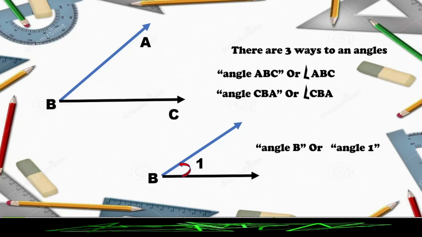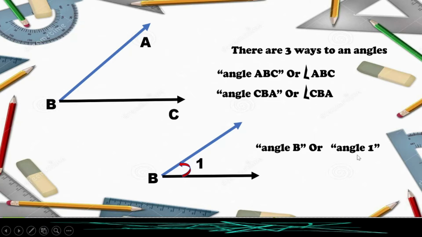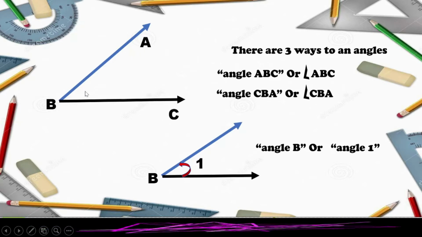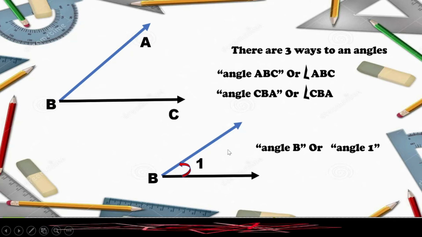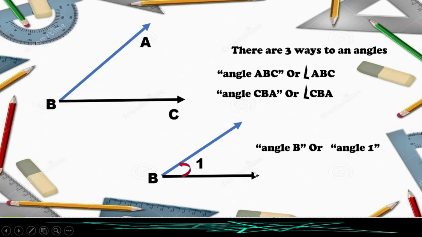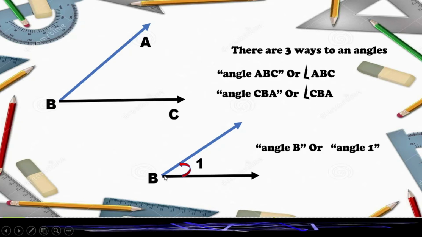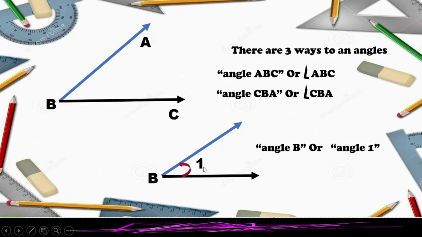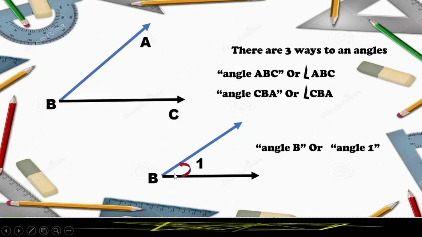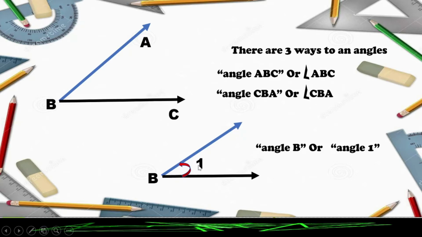And the third one, angle B or angle 1. So you can name it with three letters and you can also name it with one letter, which is the vertex. Since our vertex is B, that is angle B or angle 1.